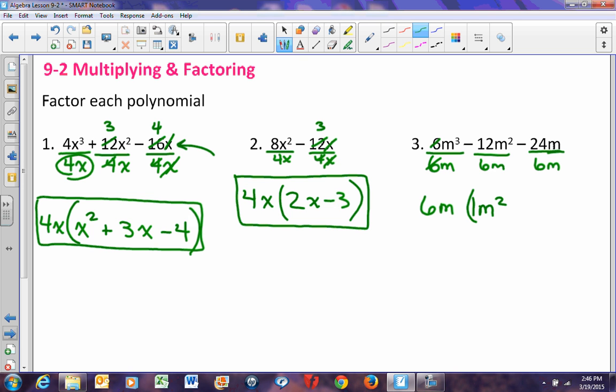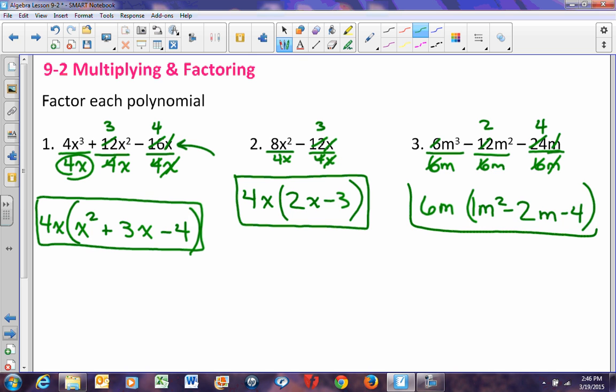You can put it in there or you can leave it out. It's an implied 1. 6 goes into 12 twice, so that's minus 2. M to the 2 minus 1 is m. 6 goes into 24 4 times, so minus 4, and the m's cancel out. So we have 6m parentheses m squared minus 2m minus 4.